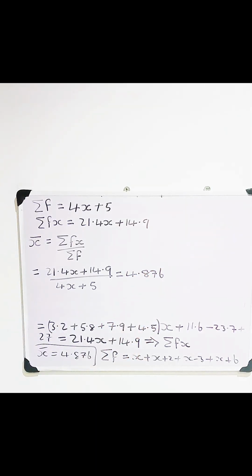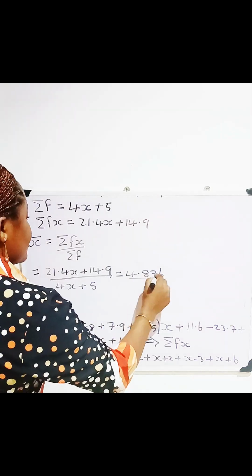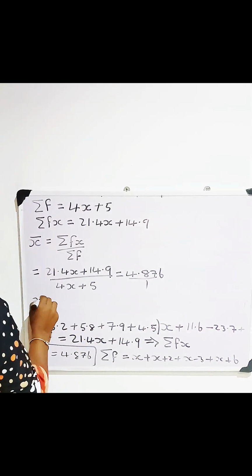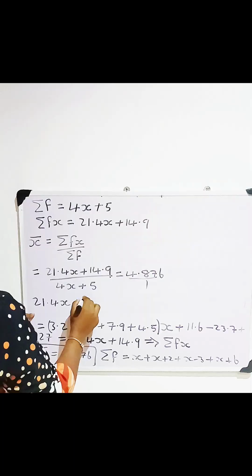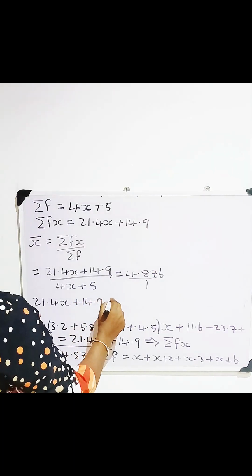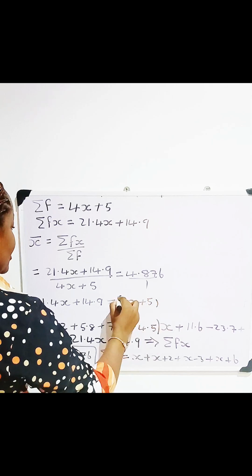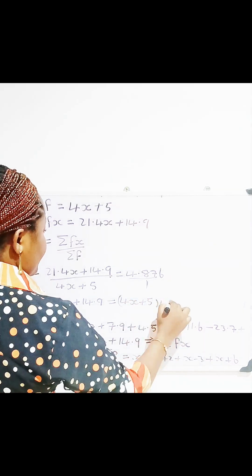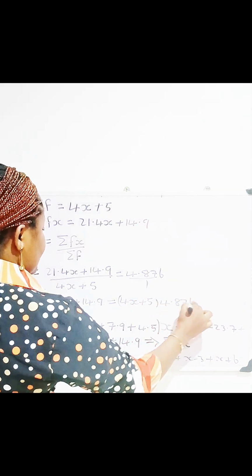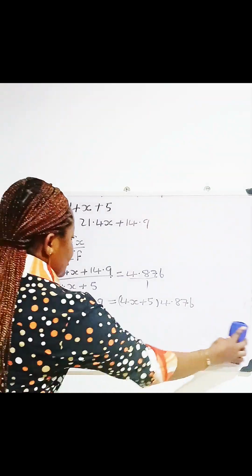Remember, we are looking for x. We can obviously simplify this for x. So let's cross multiply. We have 21.4x plus 14.9 equal to 4x plus 5, times 4.876.